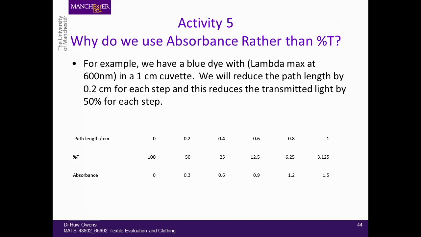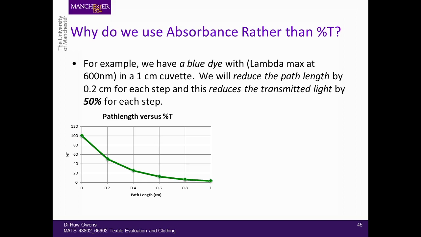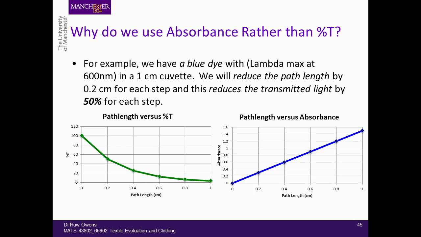If we do the absorbance calculations on that, if we plot it, we get a lovely linear relationship. So if we look at absorbance against path length, this is how far it's had to go, we get this lovely linear relationship.